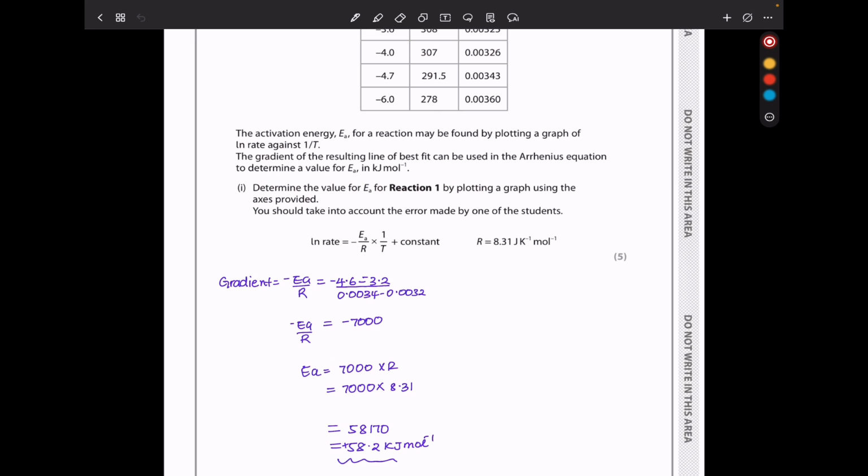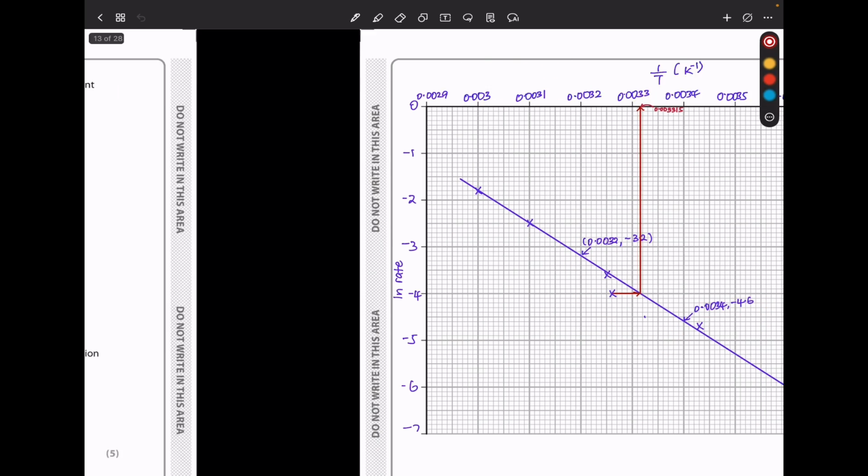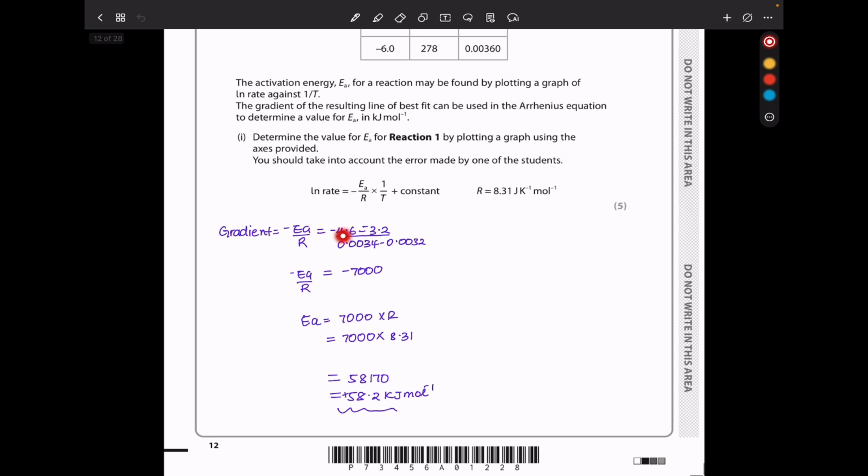So from the graph, the gradient, which is negative EA over R, I found the gradient using this value here and that value. We can see the coordinates that and that. So my gradient was negative 4.6 minus negative 3.2 divided by 0.0034 minus 0.0032.